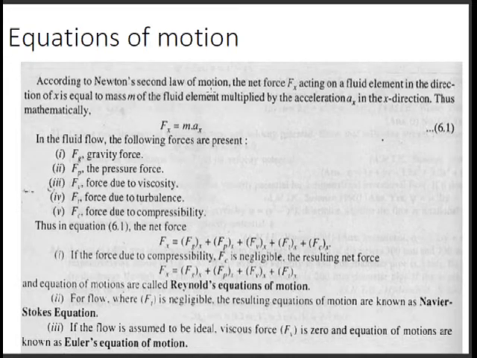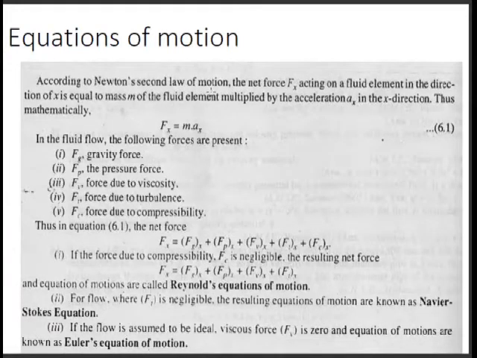And during the flow of the fluid, different forces are acting on the fluid element. So which are these forces? First one is Fg, the gravitational force due to gravitation. Next force is the pressure force, Fp.